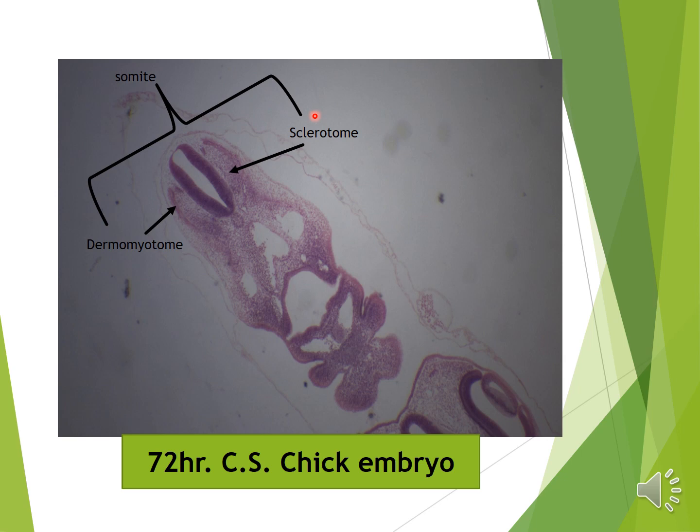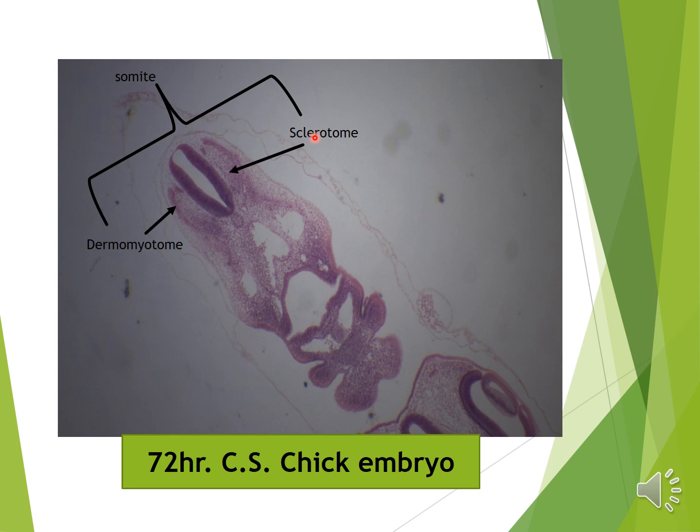The ventral and middle part of the somite, loose mesenchymal tissue around the neural tube and notochord, forms the sclerotome.